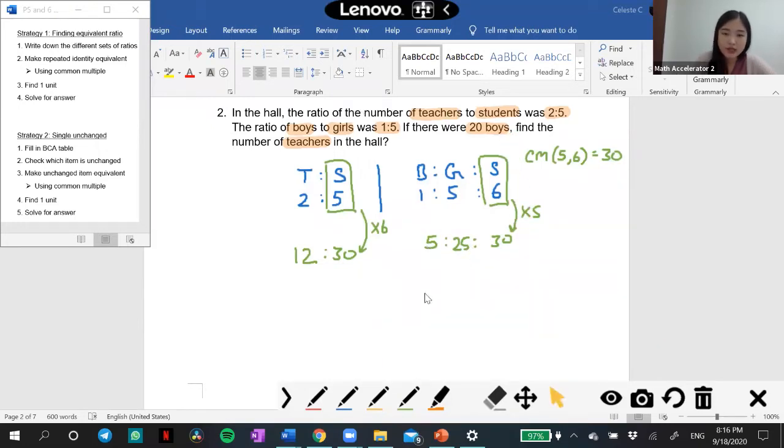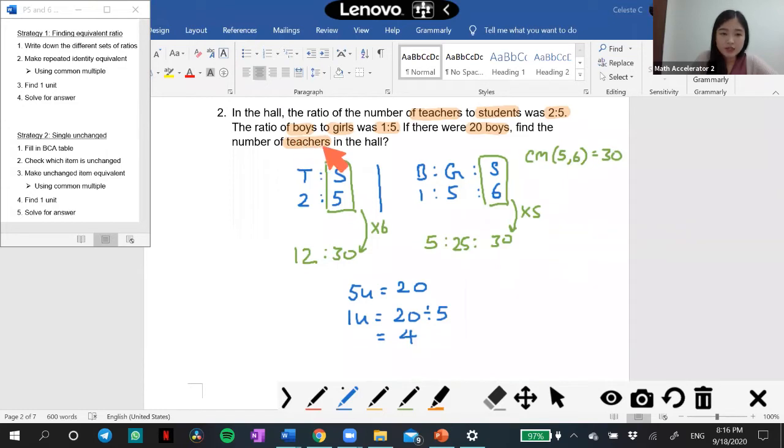The boys, we know they have 5 units. So these 5 units must be the 20 boys here. What is 1 unit? 20 divided by 5. Okay, great, 4.